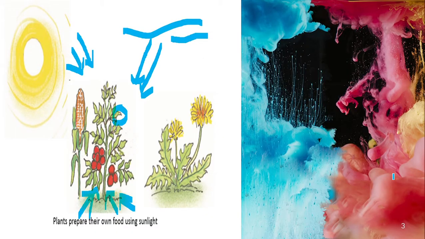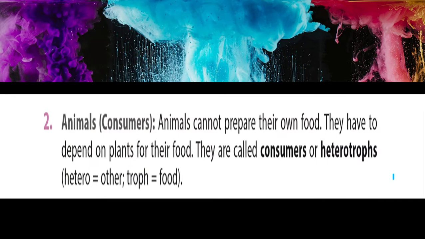Now let's go on with today's topic. So today's topic is topic number 2, that is animals or the consumers. We know that plants make their own food with the help of photosynthesis. But in the biotic component, there are plants, animals, and microorganisms as well. So animals cannot make their own food.